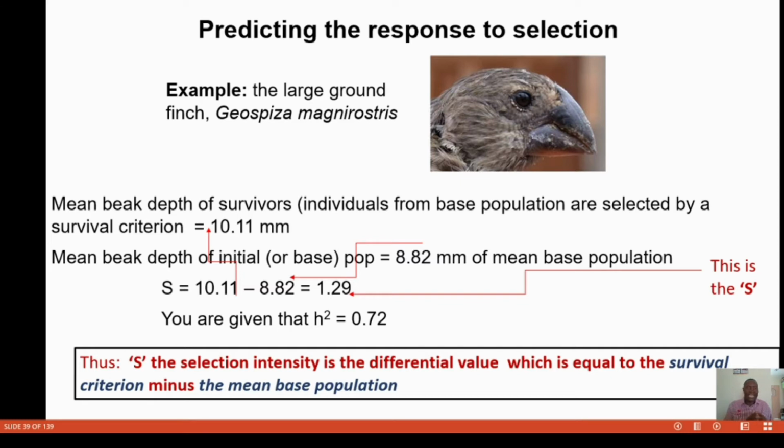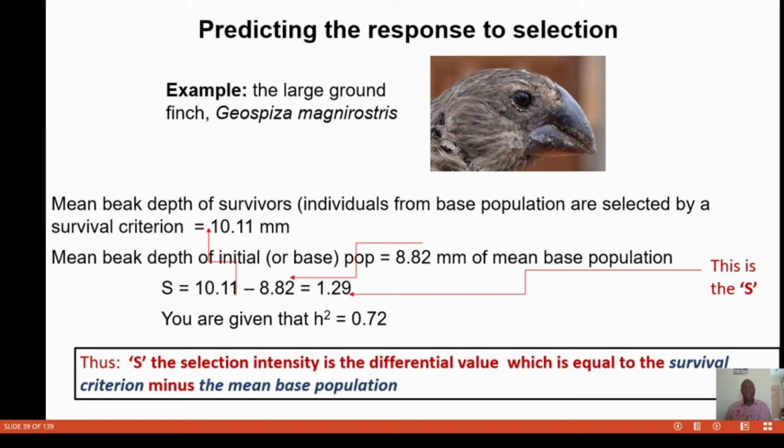The selection intensity is the differential value, which is equal to the survival criterion minus the mean base population. Please try to understand this. Think about it carefully to be able to distinguish what we mean by the survival criterion and the mean base population.